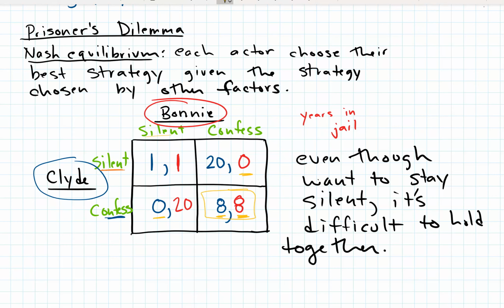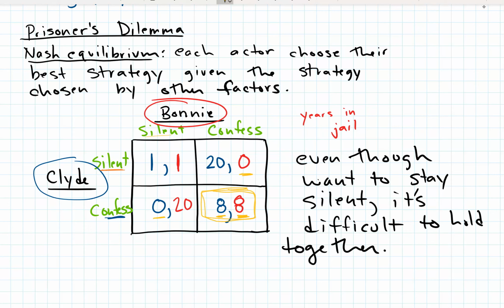So what it tells us is that if we had this structure, most of the time we're going to tend to go to this confess, and most of the time the criminals are going to get caught and put themselves into jail. They want to stay silent, but it will be difficult for them to do so if there are big incentives for confessing. And some of you might say, well, what if they want to stay loyal? That's true.